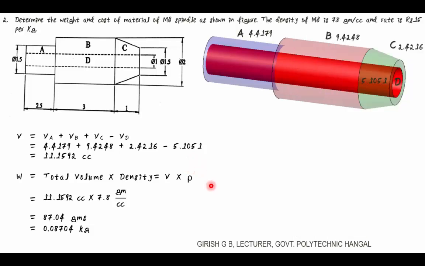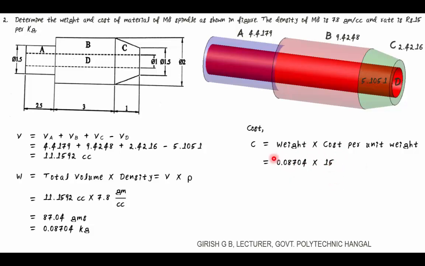The next step is to determine the cost of the material. Cost is nothing but the product of weight and cost per unit weight. Weight is obtained as 0.08704 kg into cost per unit weight as 15 per kg. Both should be in kg because cost is in rupees per kg.